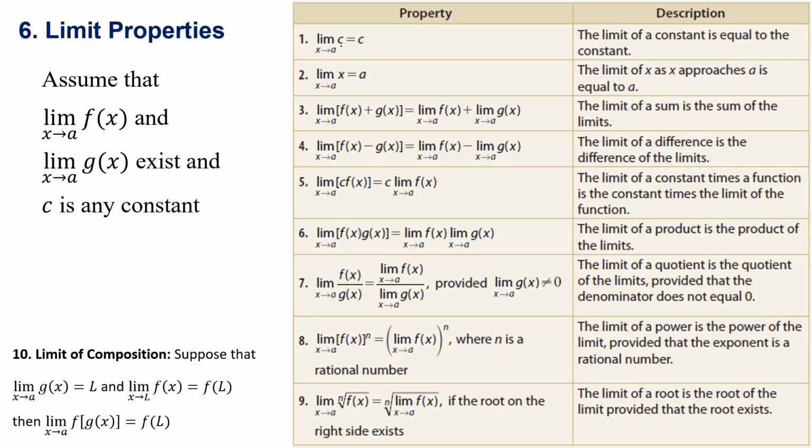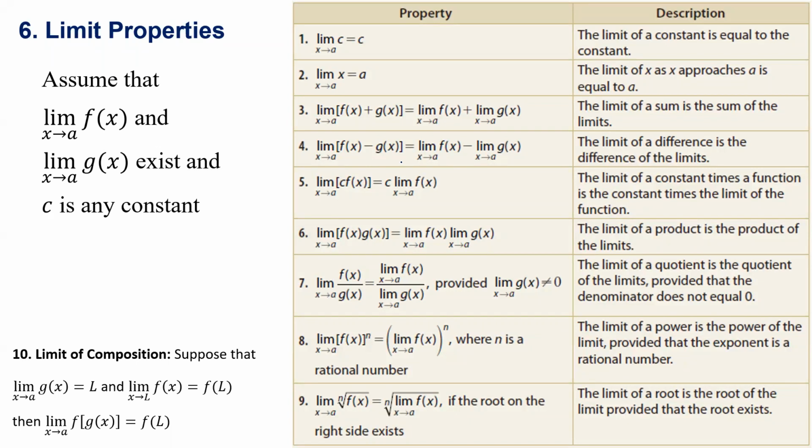First, the limit of a constant number c is equal to the constant c itself. Second, the limit of x as x approaches a is equal to a. Next, the limit of a sum of two functions is the sum of the limits of the two functions.